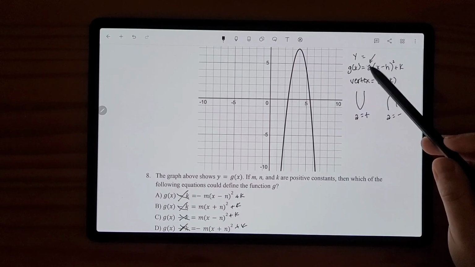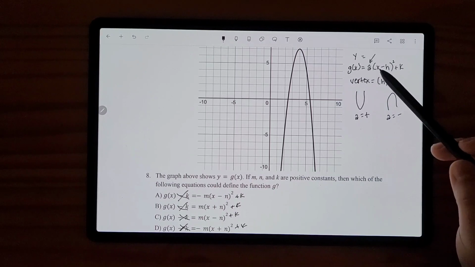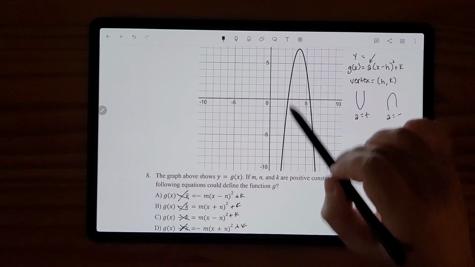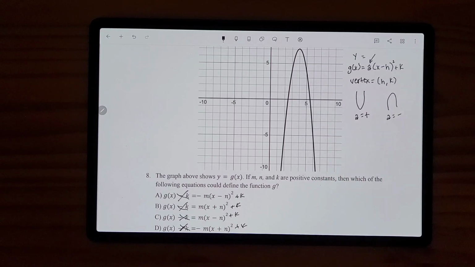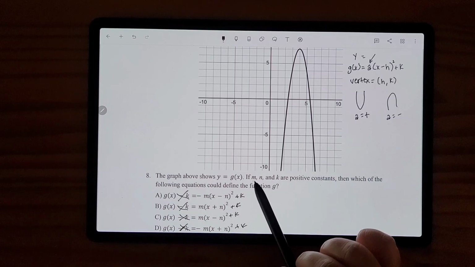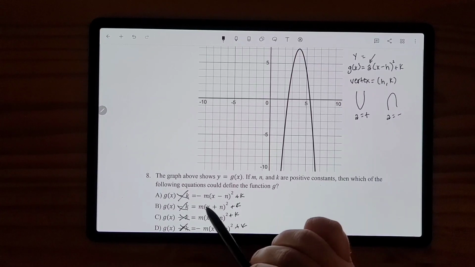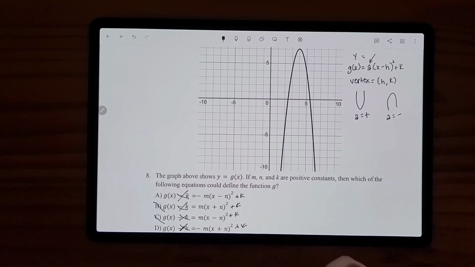So we need to make sure that whatever is outside of these parentheses being multiplied is a negative value, because that means that it would be concave down, just like we have here. Now remember, m is positive, so that means if we have a negative m, we have a negative value, which is what we want. So automatically I can cross out B and C from that.